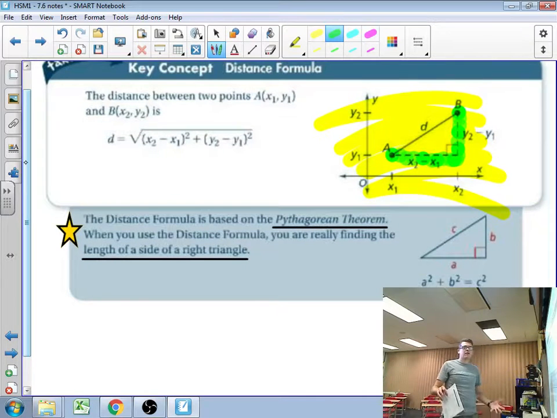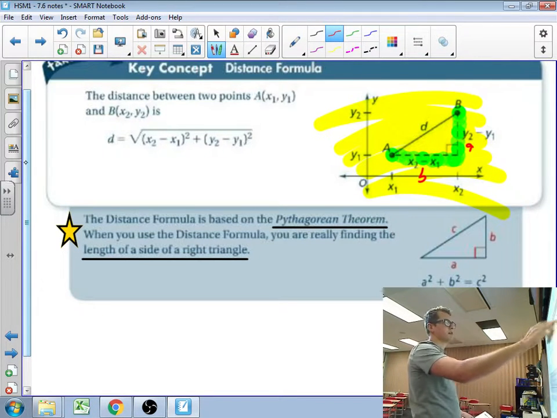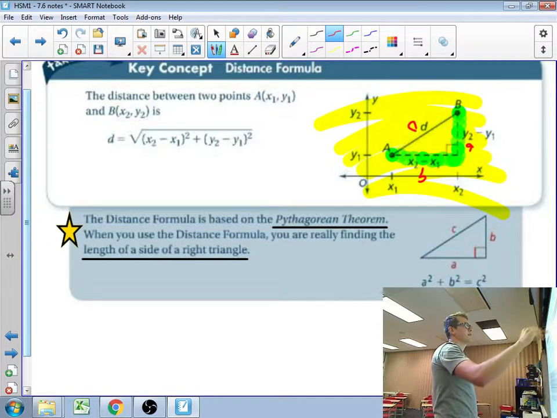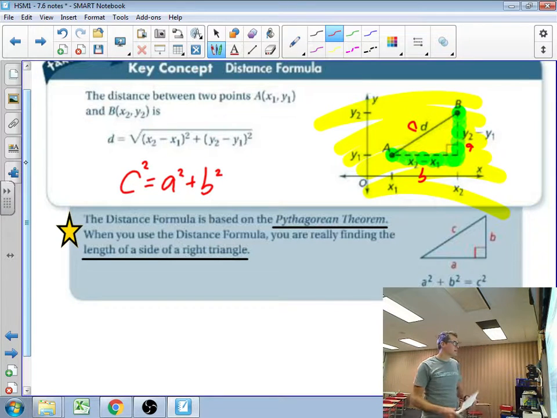So what we know is to find that distance, let's say I call this A, call this B, little a's across from big A, across from big B. You know from the Pythagorean theorem, I'm going to replace that D, I'm going to call it C. Now you know that C squared equals A squared plus B squared, which is all we're doing. But notice they don't have C squared. This D is just itself, because to get rid of the square, we take the square root.